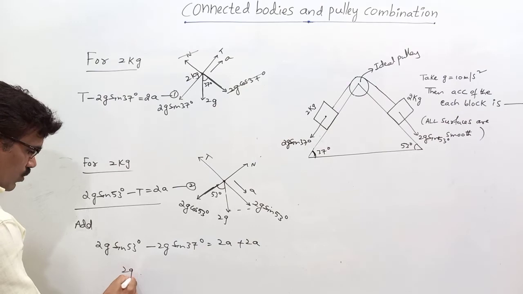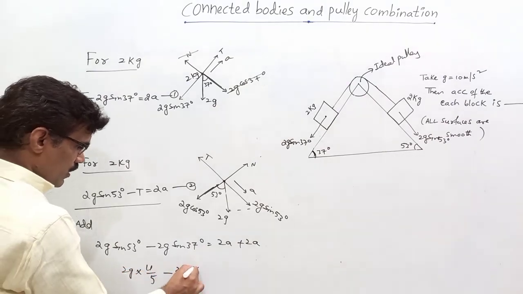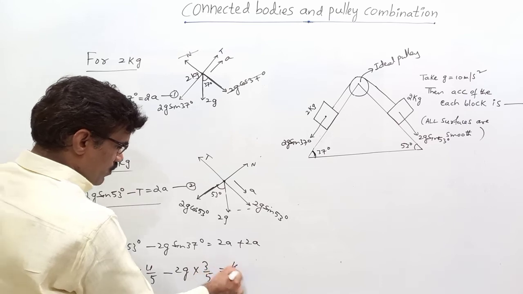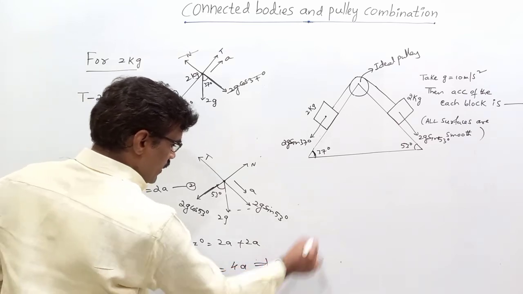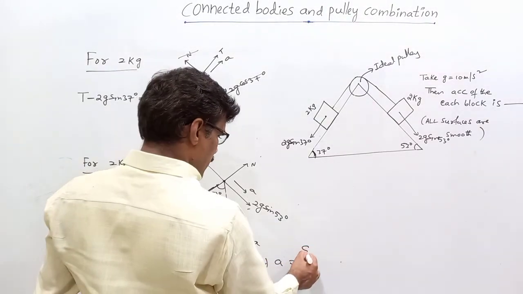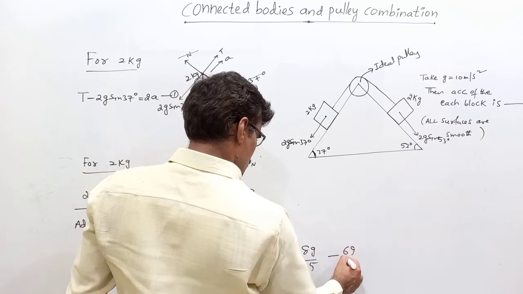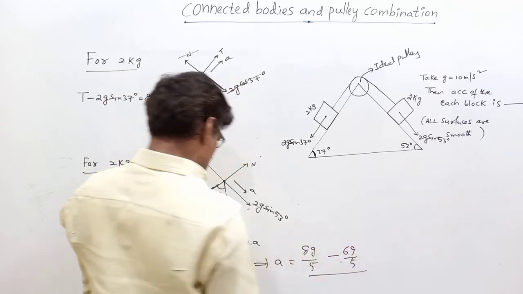That's why 2g into 4 by 5 minus 2g into 3 by 5 equals 4a. Therefore, a is equal to 8g by 5 minus 6g by 5, divided by 4.